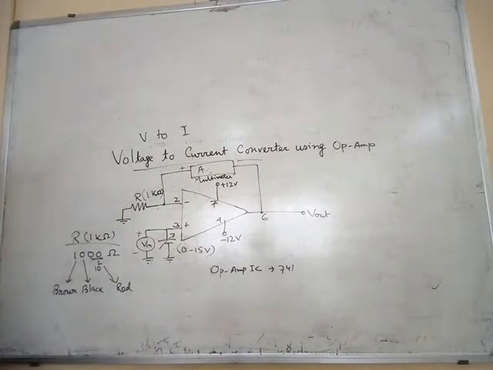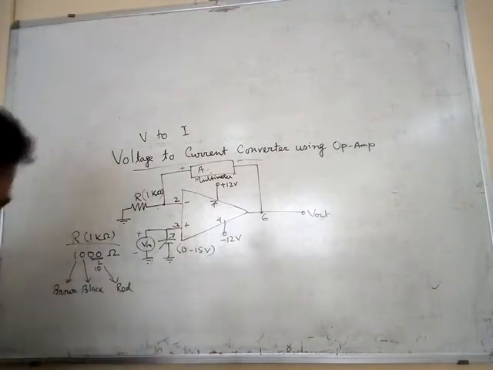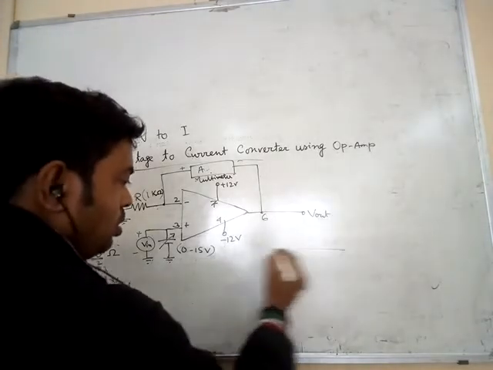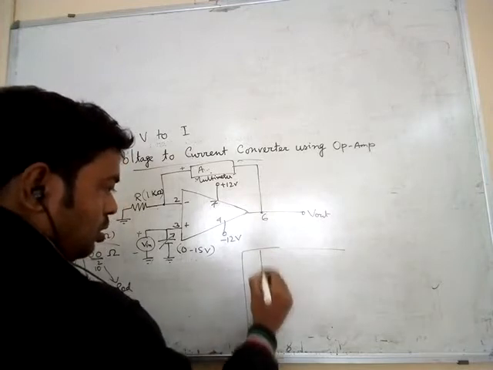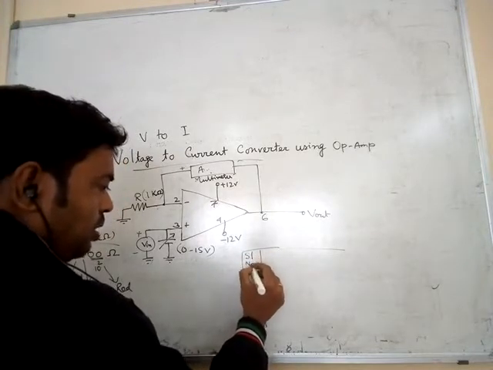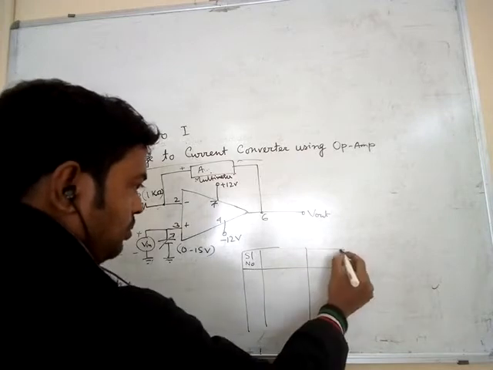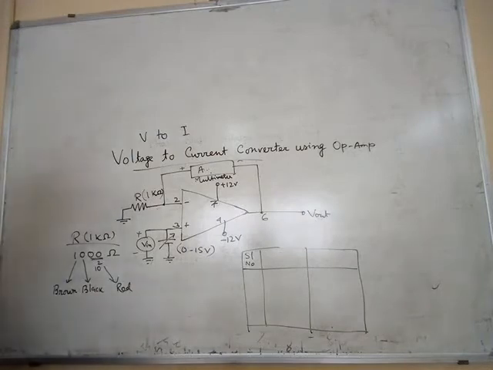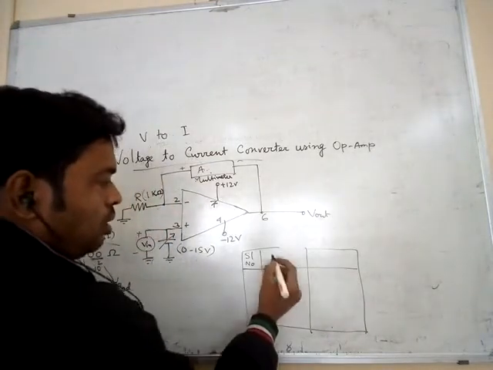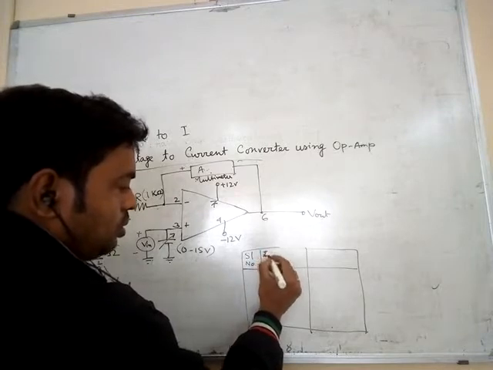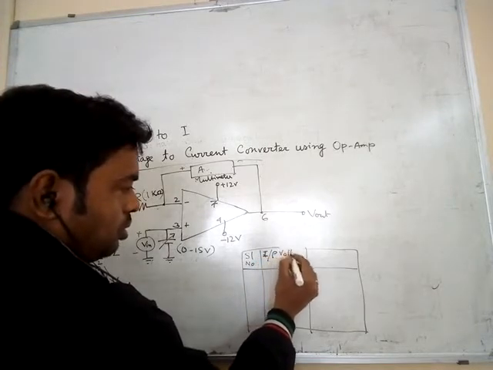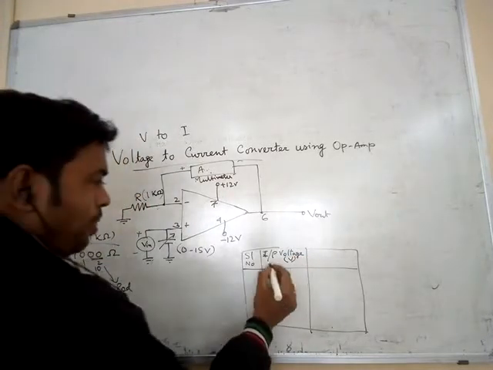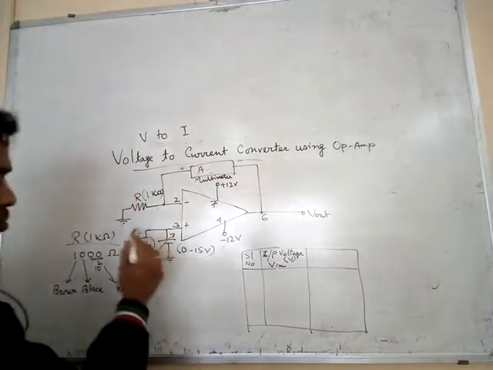Next we go for the experimental table. What is experimental table? Serial number, input voltage, which you get by voltage V, that is V in from here.